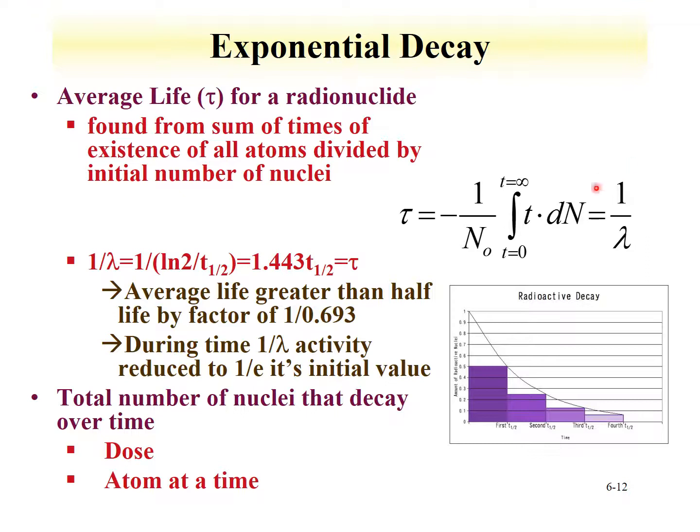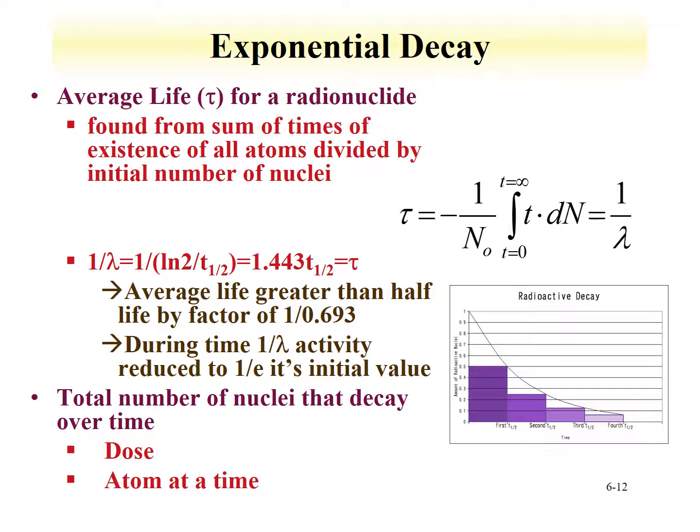This equation comes out to be, through this integral, just 1 over the decay constant, so 1 over log 2 divided by the half-life. So I can rearrange this equation, where I use the half-life directly, where the average lifetime is equal to about 1.4 times the half-life. So that says that the average atom will live about 1.5 times the half-life.